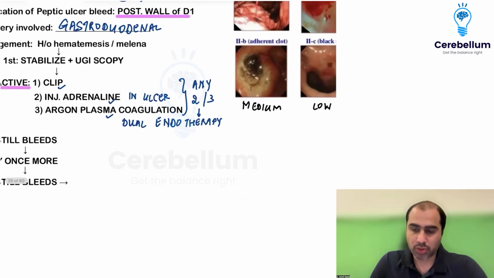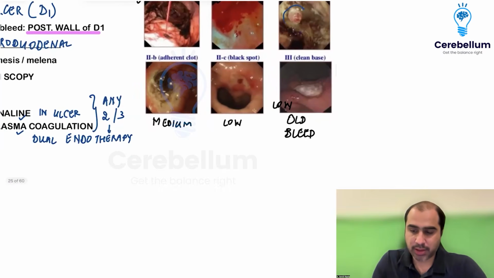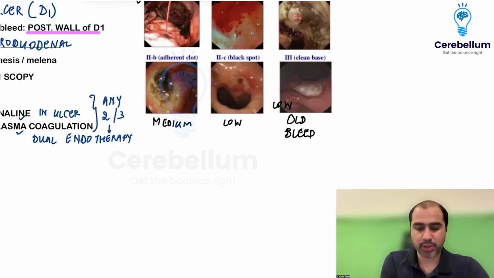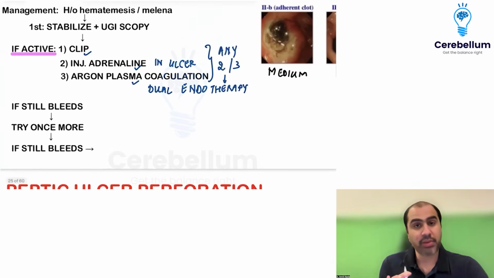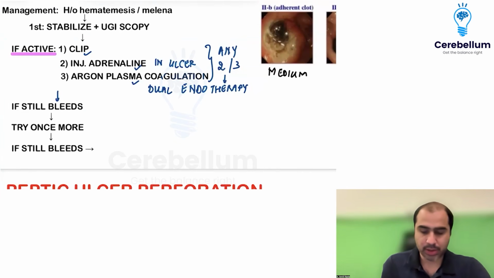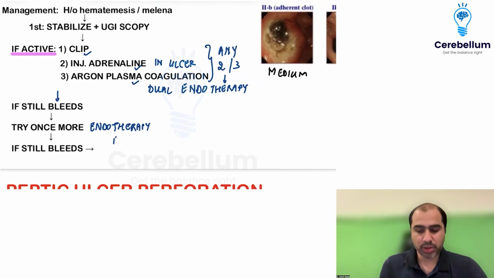So 2A means you can see the vessel, from where the bleeding must have happened. Here you are only seeing a clot. That is 2B. So treatment of choice is going to be dual endotherapy. If he still bleeds despite dual endotherapy, you can try it once more. But despite 2 endotherapies, if he continues to bleed, then you'll have to do some intervention.